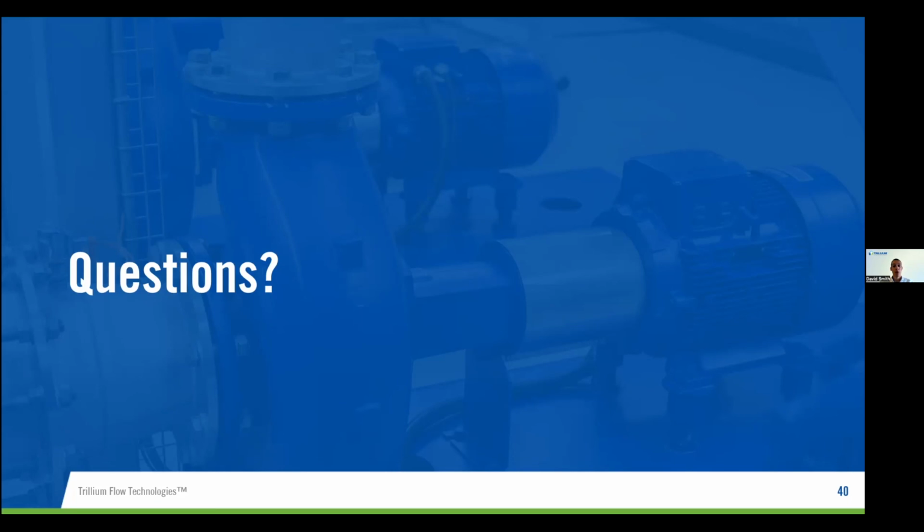We have field service teams, and we can also dispatch some additional engineering resource to assist and do that at site. It really depends what the customer is after, what the target is, and what the contractual requirements are. But yes, we can test a whole range of different pumps across the business.